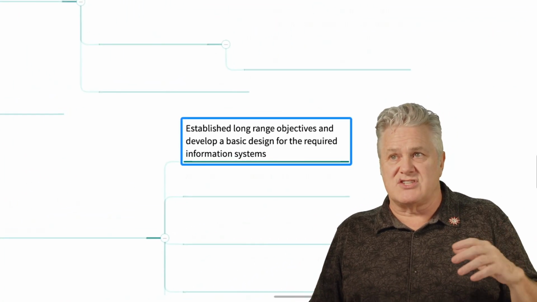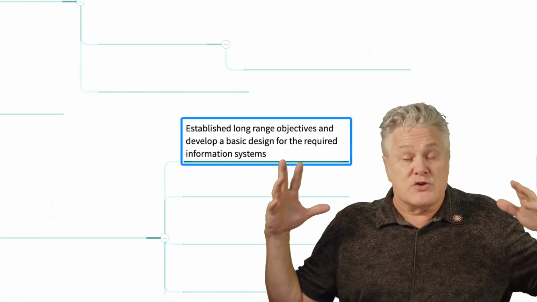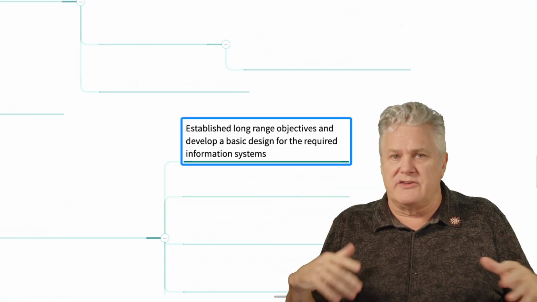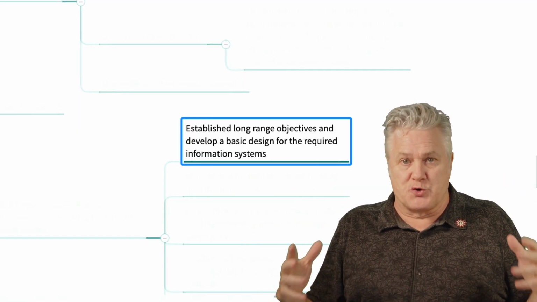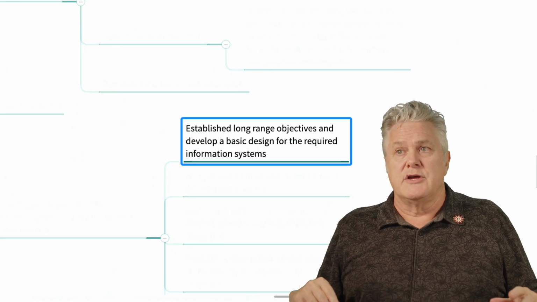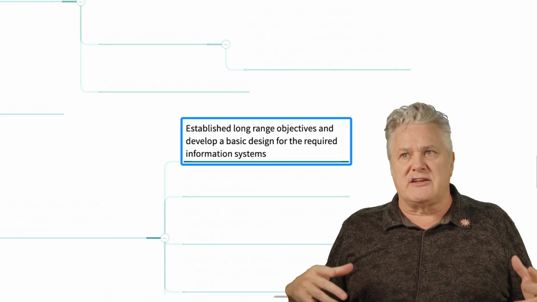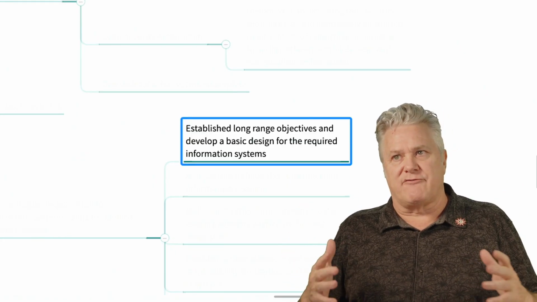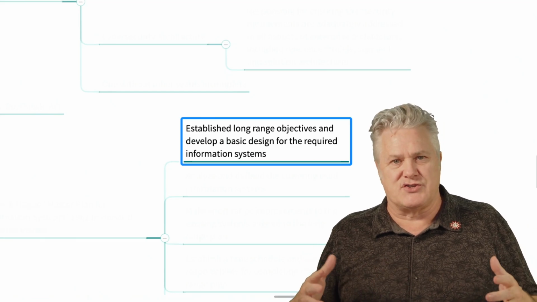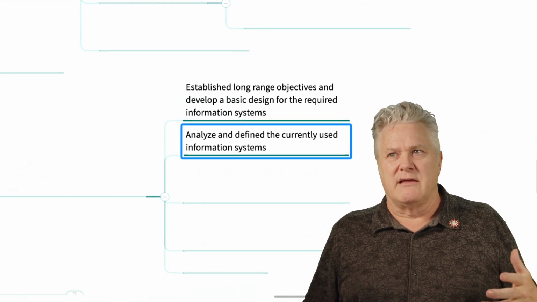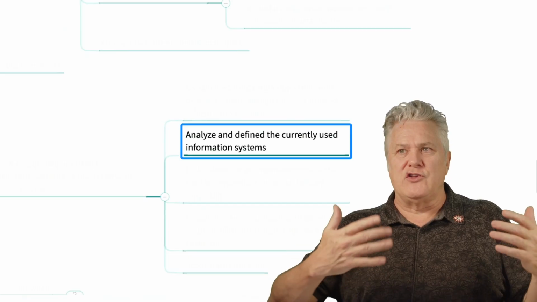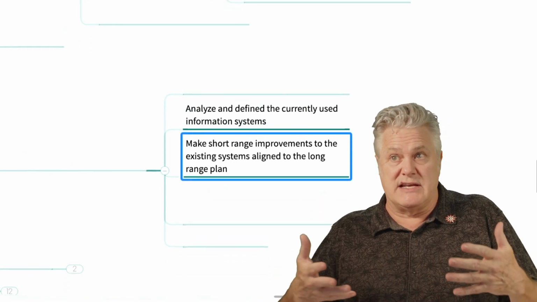What they said was, okay, look, we're spending a lot of money on compute. And still today, with cloud infrastructures, we're spending a lot of money on compute. So we're going to establish our long-range objectives and develop basic design requirements for information systems, kind of a requirements planning thing. We're going to analyze and define the current use of the information system. How are we using it now?